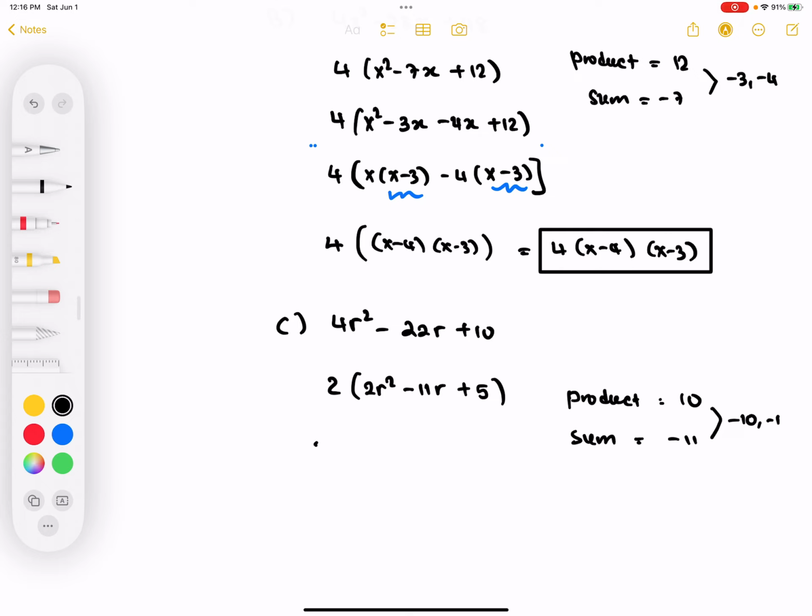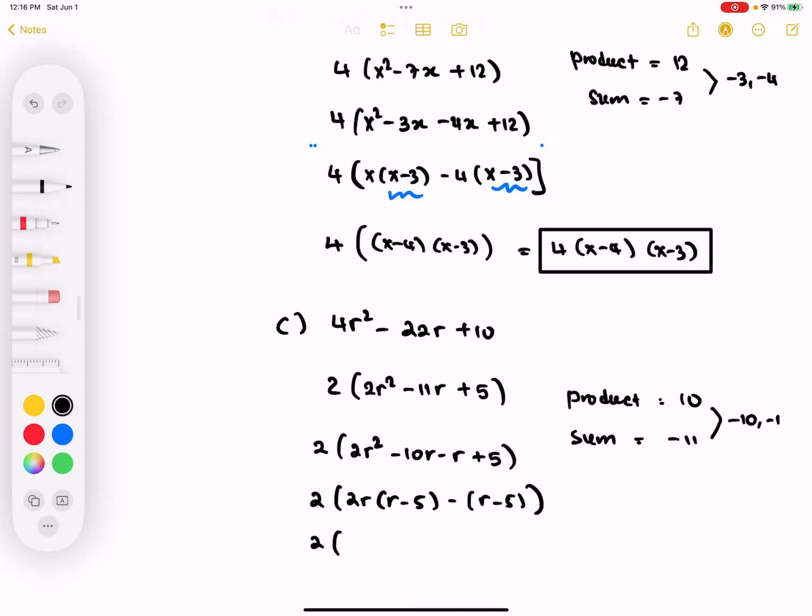So I can write 2r squared, then negative 11 can be written as minus 10r minus r plus 5. Now 2 is out. The common factor between 2r squared and minus 10r is 2r, leaving r minus 5. If you look at the second one, negative 1 is common, and I can write r minus 5.